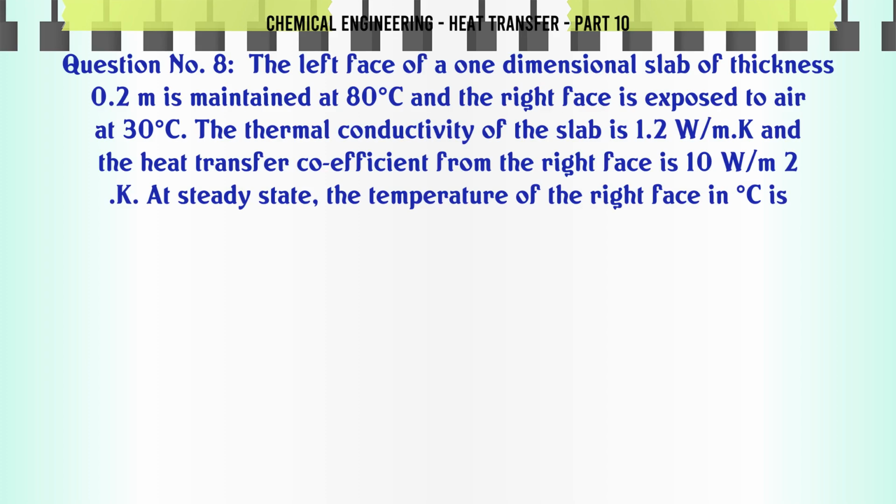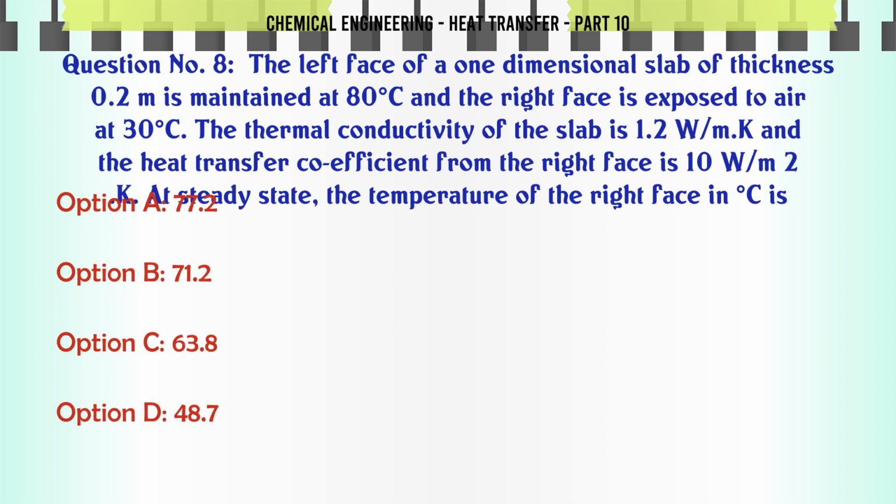The left face of a one-dimensional slab of thickness 0.2 m is maintained at 80 C and the right face is exposed to air at 30 C. The thermal conductivity of the slab is 1.2 W/m.K and the heat transfer coefficient from the right face is 10 W/m2.K.